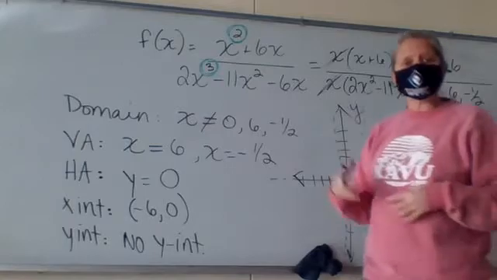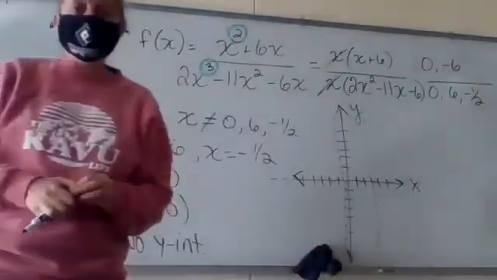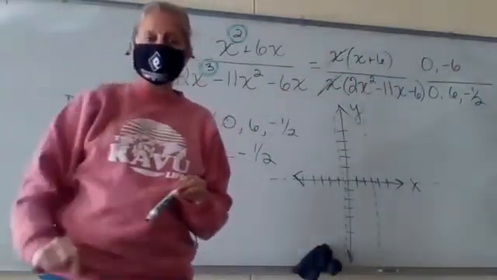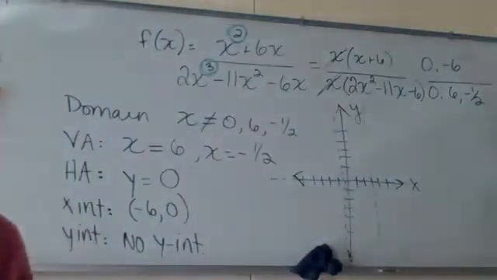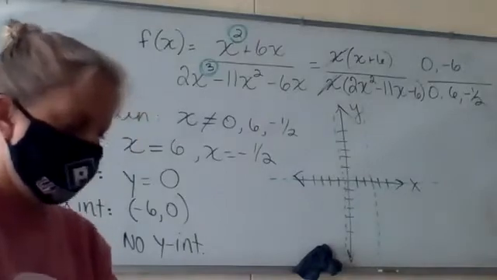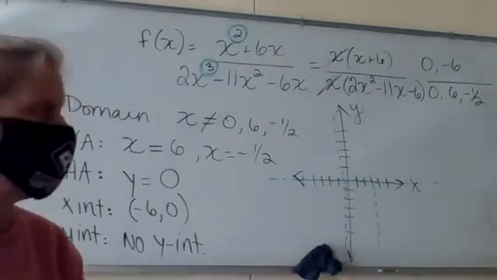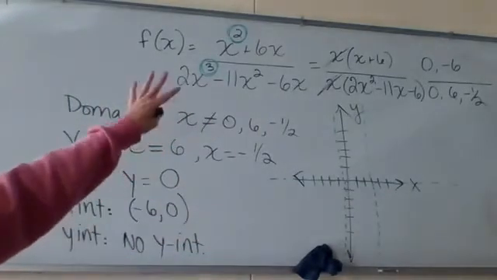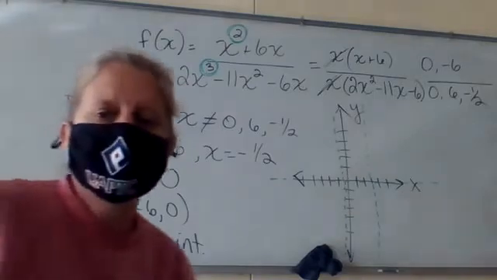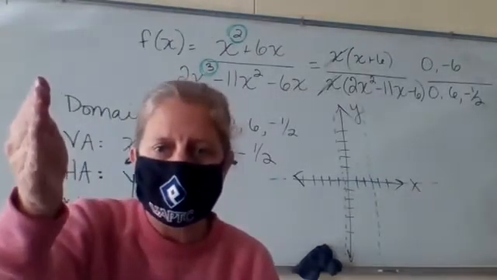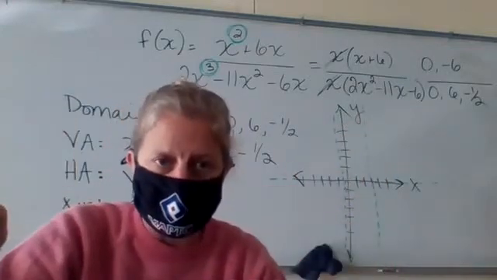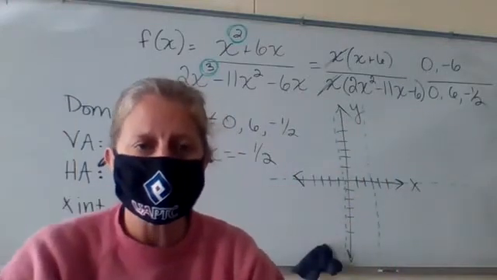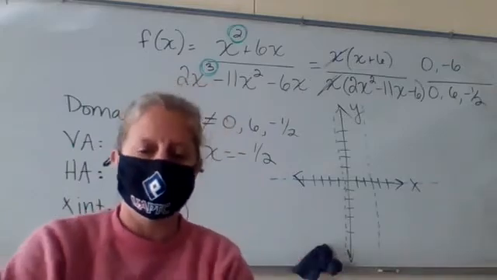So when you put it in your calculator, you do not want to put those x's because they cancel each other out. Also, I'm going to go to my y equals, and since you have a lot of stuff in the numerator and the denominator, put an open parenthesis around your numerator and a close, then the division symbol, and then open parenthesis around your denominator and close.